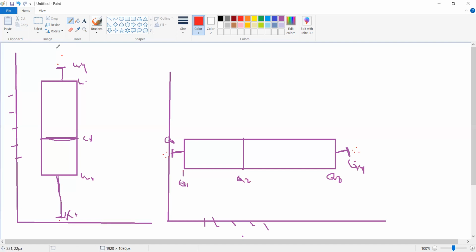So box plot is the only visualization, or only plot, which will also identify outliers in your data set. No other plot will identify outliers. It will include outliers in the analysis. You have to manually remove them. But box plot is the only plot which will automatically identify outliers for you.